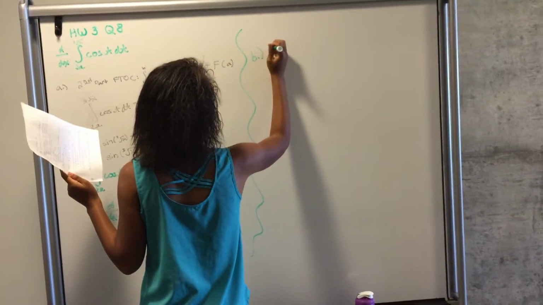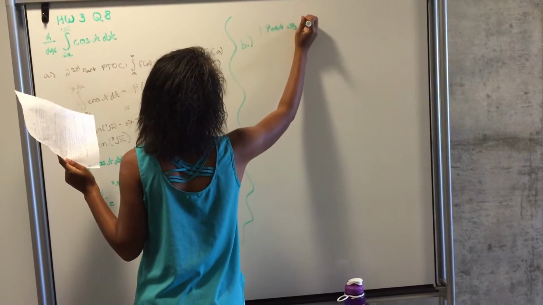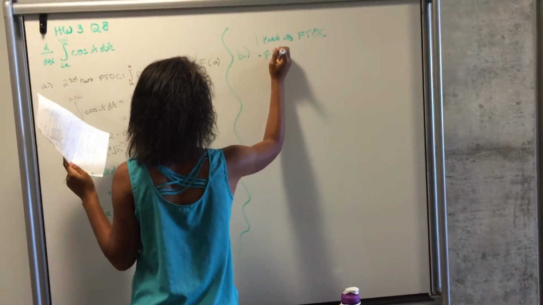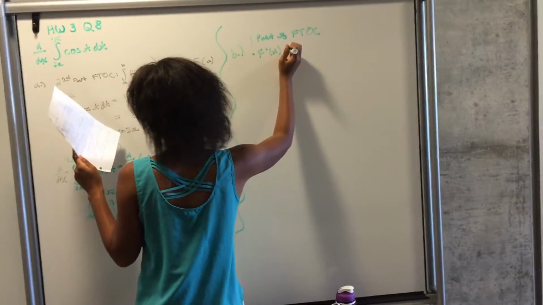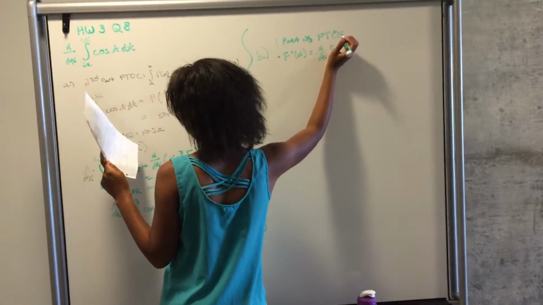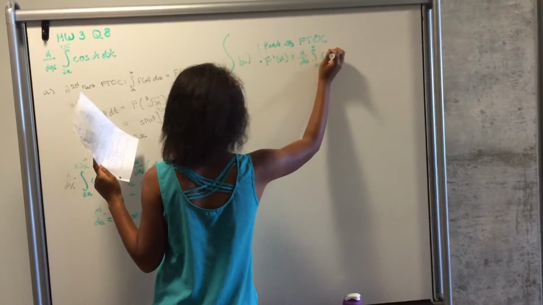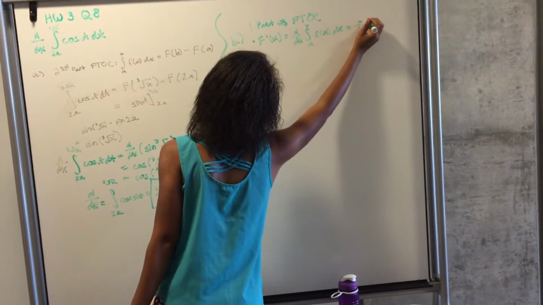The first part of FTOC states that the derivative of the antiderivative equals basically d dx of the integral from a to x of f of t dt, which also just equals f of x.